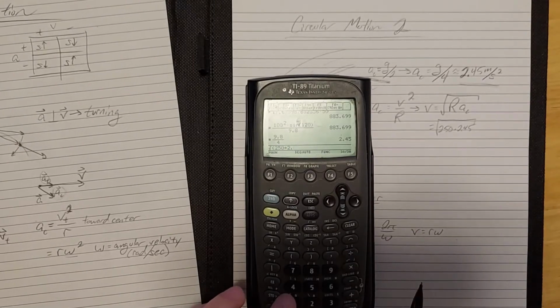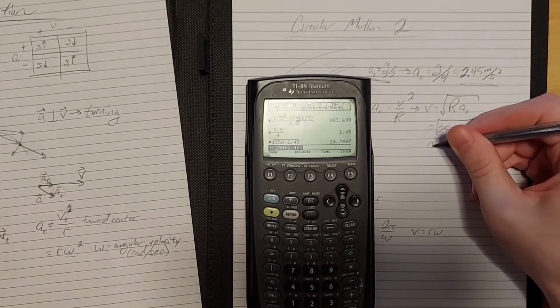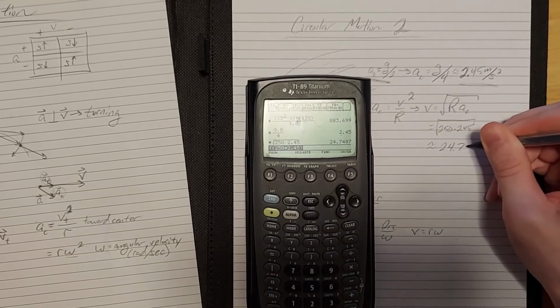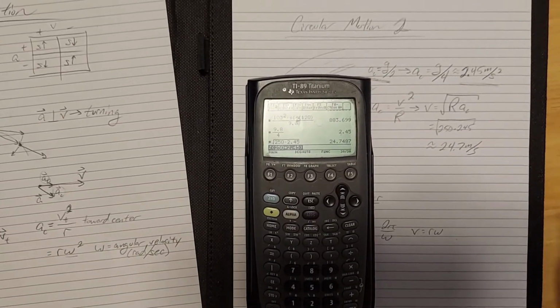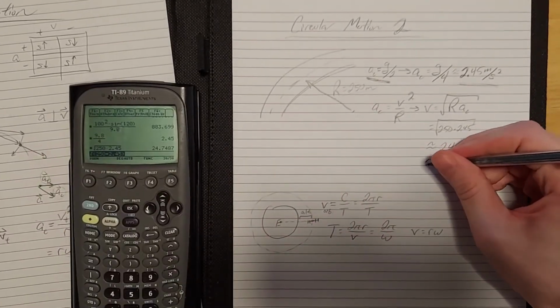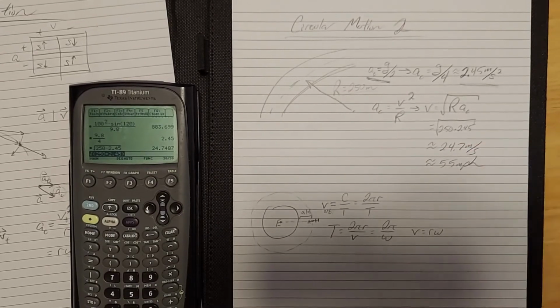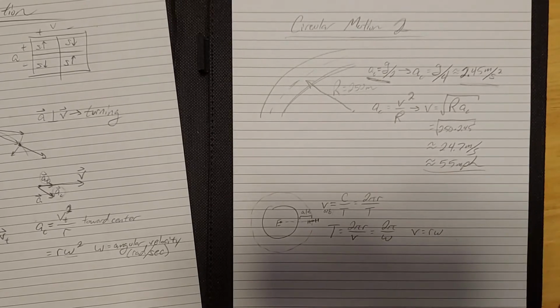And we get, actually that's not too bad, 24.7 meters per second. That's about 25 meters per second, about 55 miles per hour. That is a little bit low, but it's within the realm of reason.